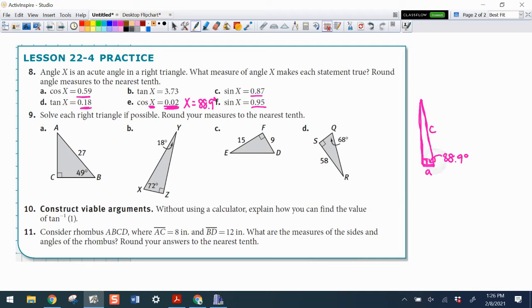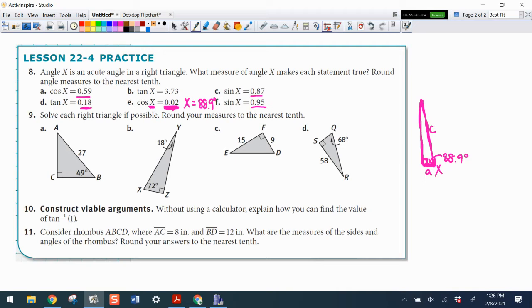But the adjacent side to this angle, and we're calling this vertex x, because that's the angle we were looking for, the adjacent side to it had to be very, very small when compared to the length of the hypotenuse, because look at the ratio. 0.02 is 2 hundredths. It's very, very small. It's like 2 pennies out of 100.